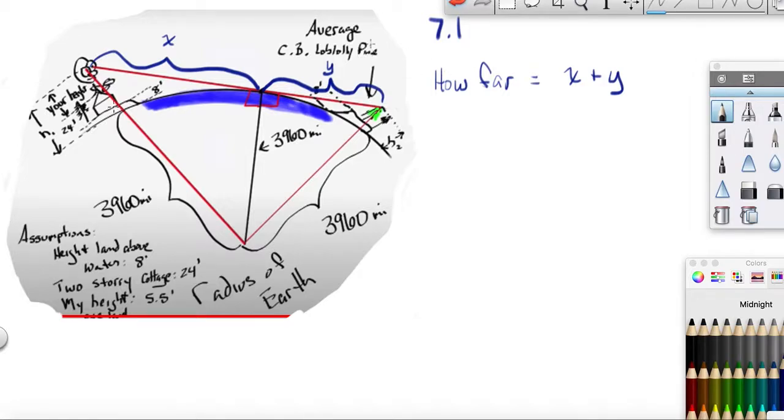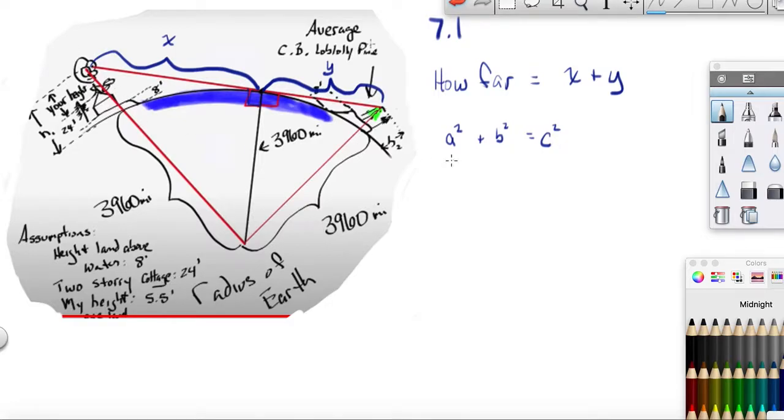So we have a right triangle here. We know the radius of the Earth makes a 90 degree angle with the horizon. That's one of the main concepts that we need to understand. And so we get a right triangle from which we can write a squared plus b squared equals c squared.